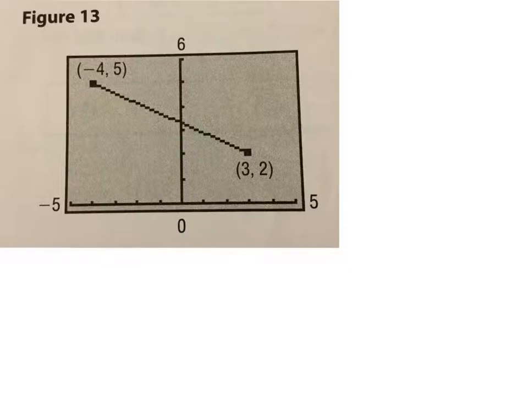Now I could go through and make a right triangle and do the Pythagorean theorem, but there's no need anymore. I know just to find the distance between 2 points, I can use the distance formula. Okay, so I just have to assign one of them to be x1 and y1, one of my ordered pairs, and assign the other one to be x2 and y2. So I'm going to pick this one up top to be x1 and y1. I'm going to let this one down here be x2 and y2.